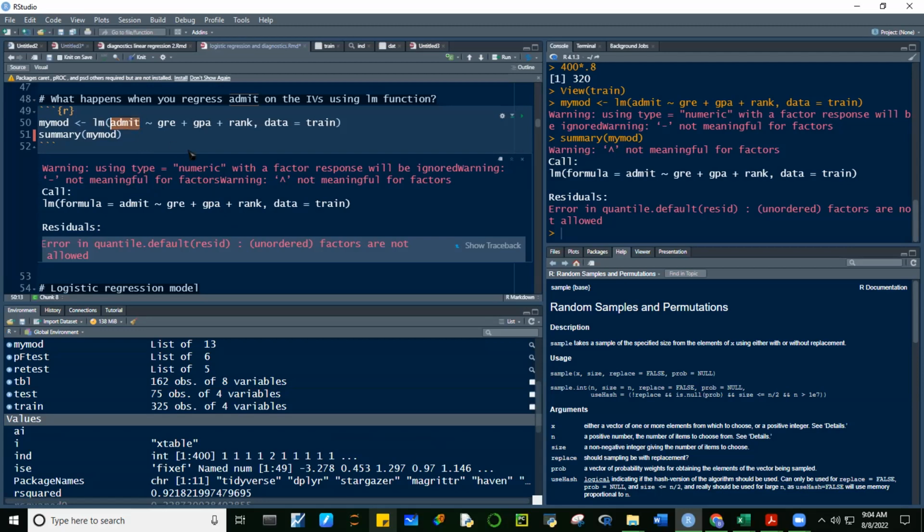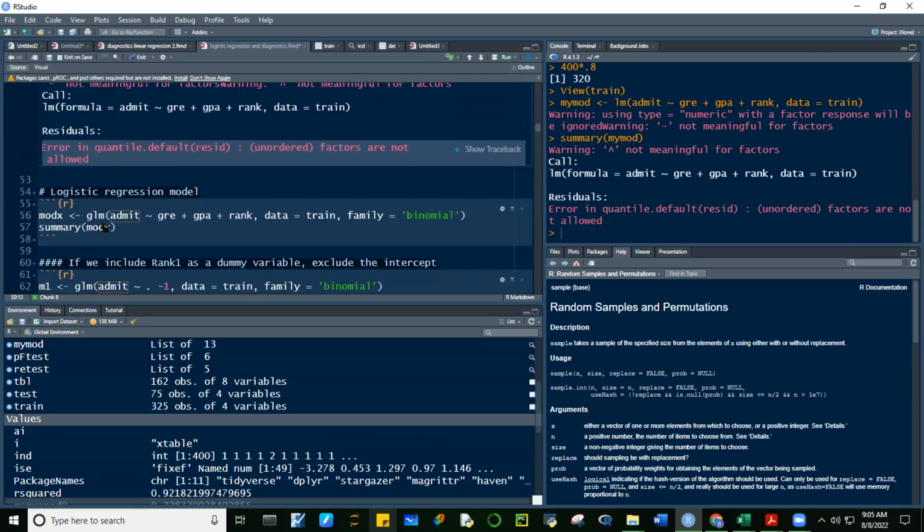Dapat yan, continuous variable yan. Kaya last time, yung nag-regression, di ba? Wage. Yung wage, okay yan kasi continuous variable yan. Decimal yan, numeric. Itong admit, hindi. So mag-error siya. Okay? So what we're going to use, class, is a new family of functions, GLM.